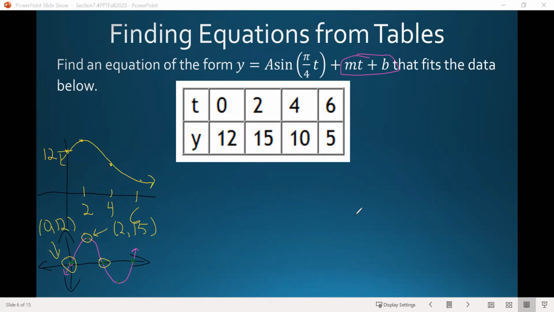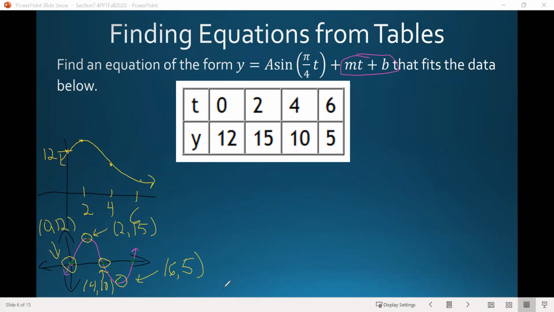The 4, 10 would be the equivalent of the next point on the midline. And then the 6, 5 would be the equivalent of the point down there on the valley. Okay, so it'll look something like this. Now, the reason we did this is to help us figure out which of these points we can use to find different things in the equation.